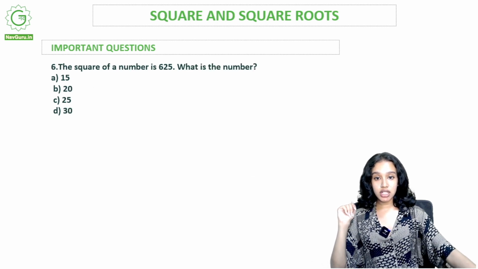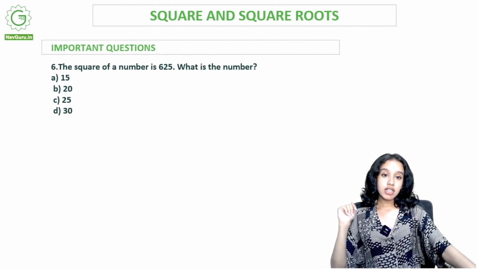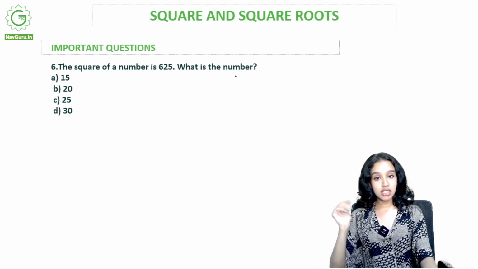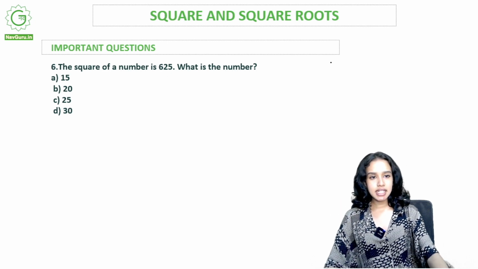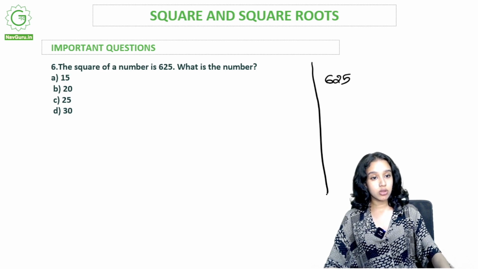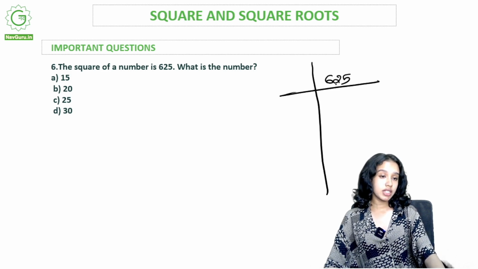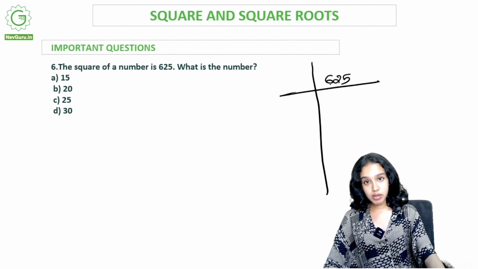Now moving on to the next question. The square of a number is 625. So what is the number? Basically, we just have to find the square root of 625. So which number is it divisible by? 5 plus 2 is 7. 7 plus 6 is 13. It's not divisible by 3. So what do we divide it by? 5, because 5 is the last digit.